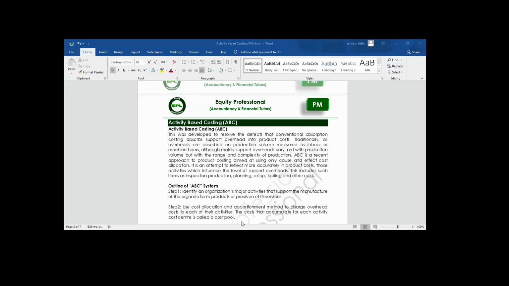Now, because these costs cannot be traced to a particular product, the question is, how do we account for this cost?